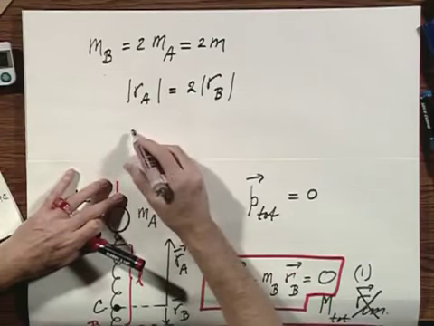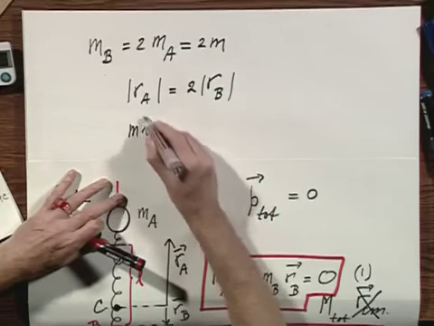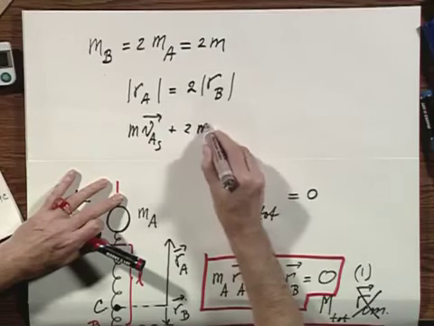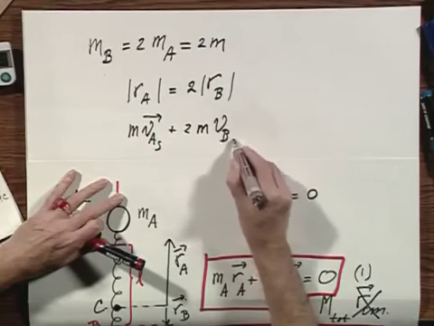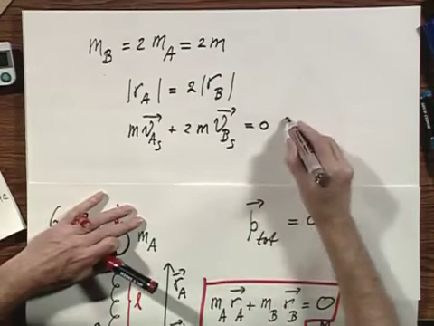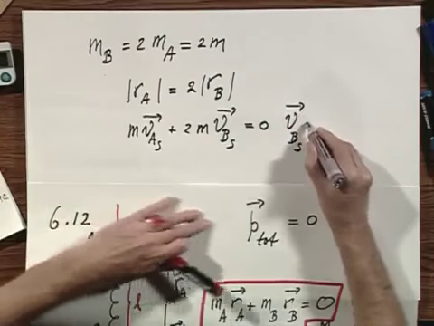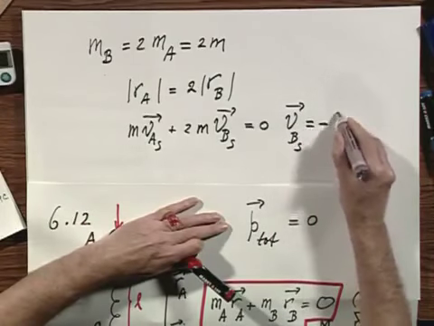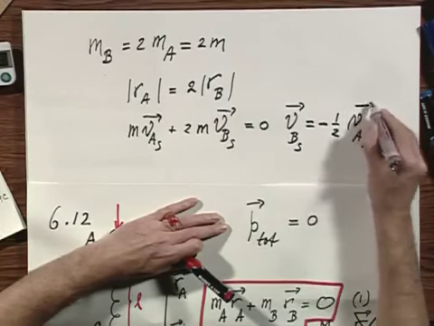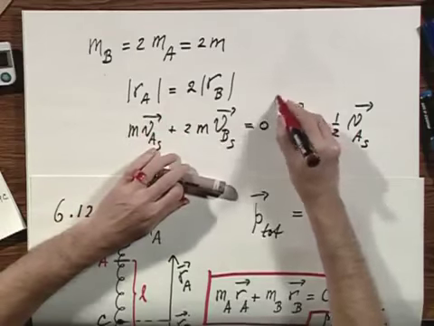And it also follows that m times VA vectorially plus 2m times VB due to the spring vectorially must be 0, and so VB, again the S reminds you that we're dealing with the spring, equals minus 1/2 VA due to the spring. Velocity. This is a vector equation.